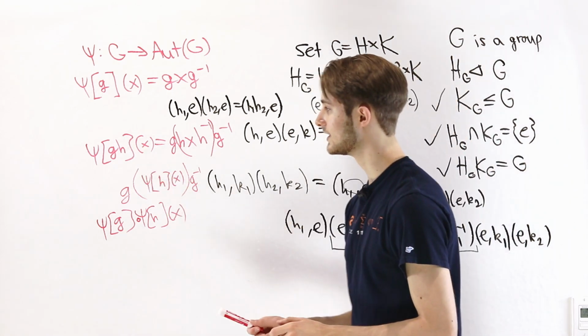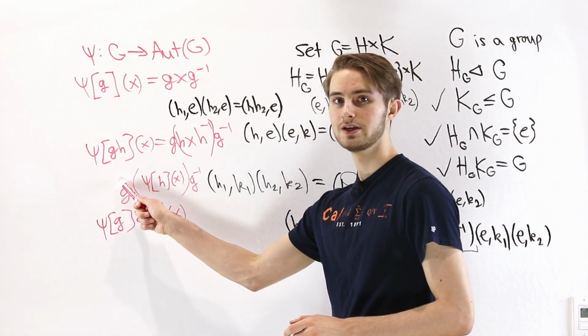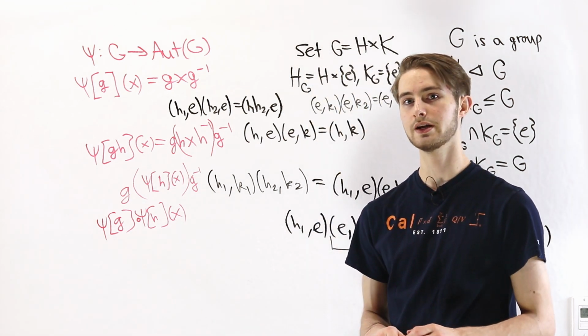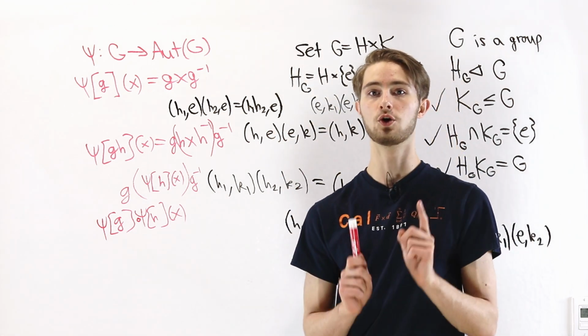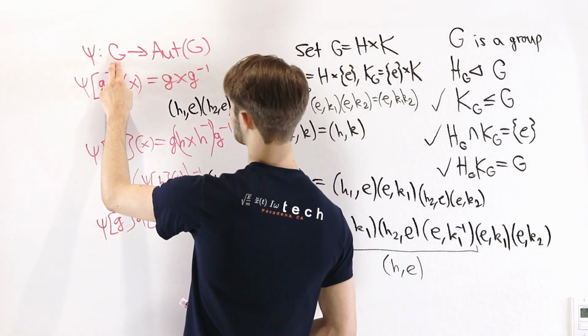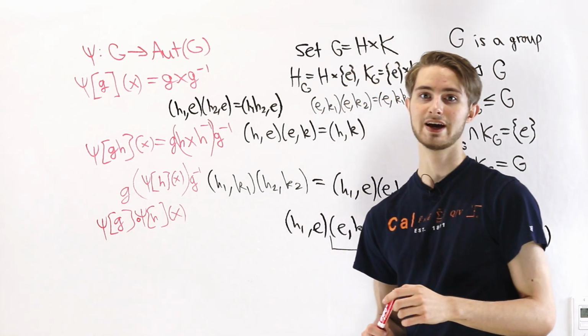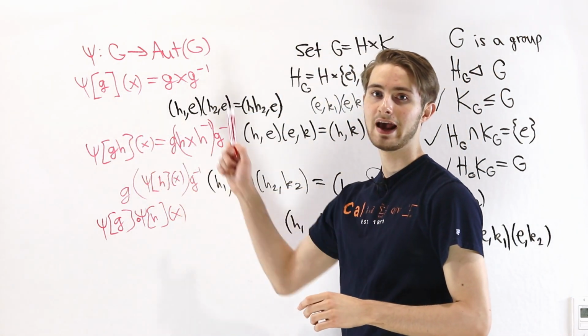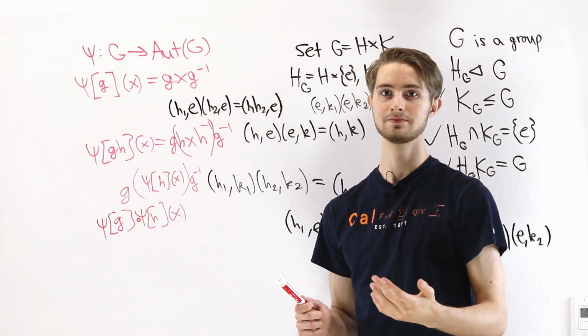So what this is saying is that psi of GH is equal to psi of G times psi of H. In other words, psi is a homomorphism. So if we think about the map that goes from a group to the automorphisms of that group, if we look at all of the group elements together, that map has to be a homomorphism.